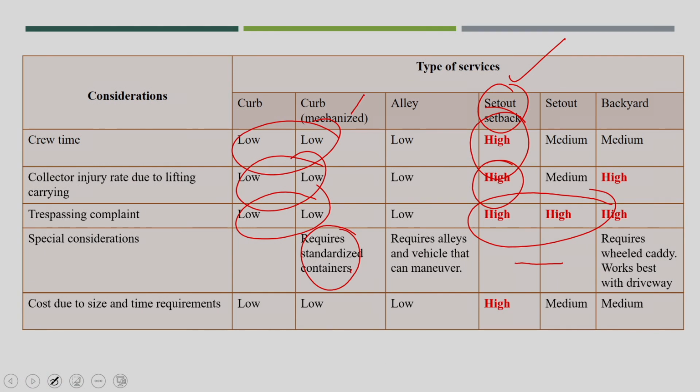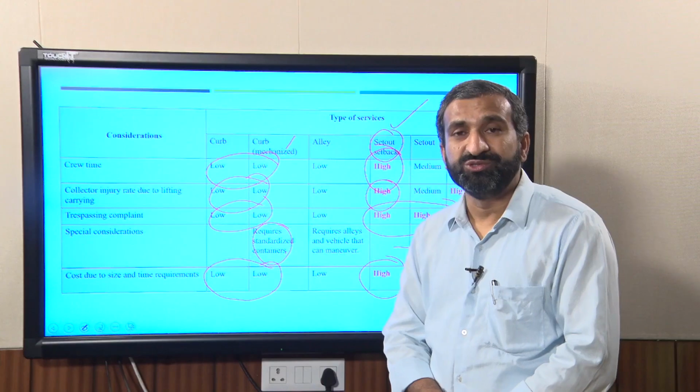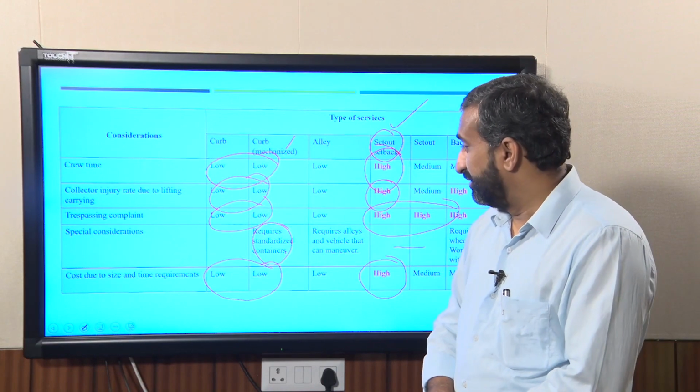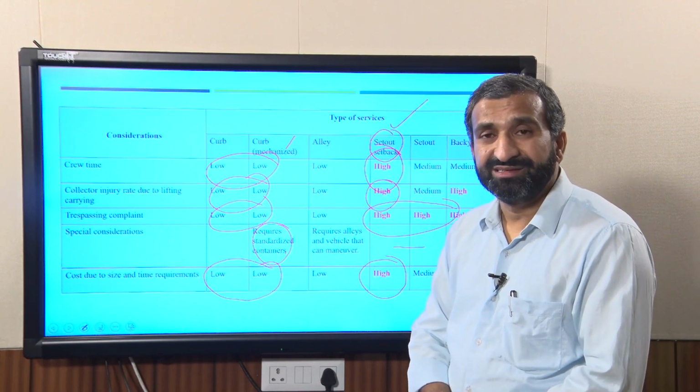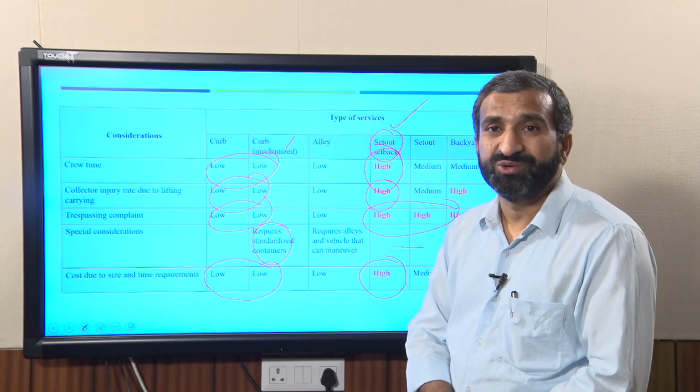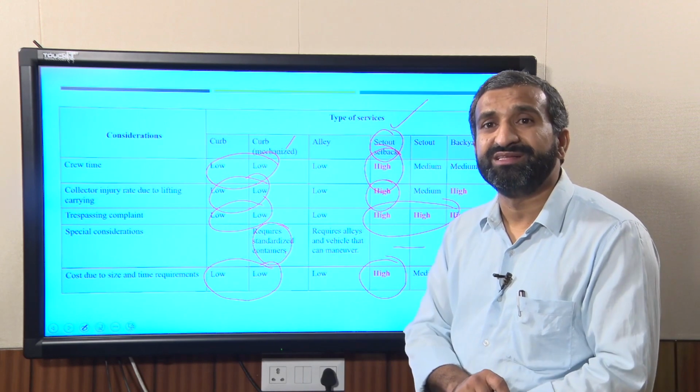And last is the cost, due to size and time required. You see here it is low, highly economical, but set out setback is a very costly unit, based on the size and time requirement. That is why in the older days we used to have the curb services for waste collection from the household area, which was very popular in India.